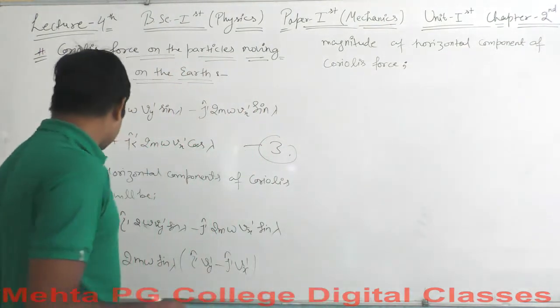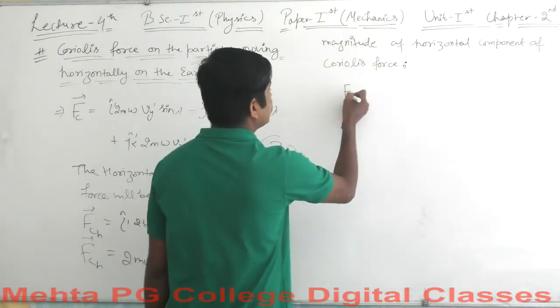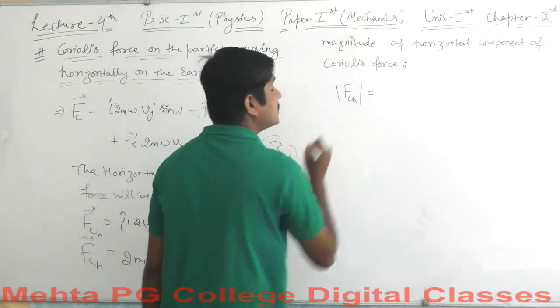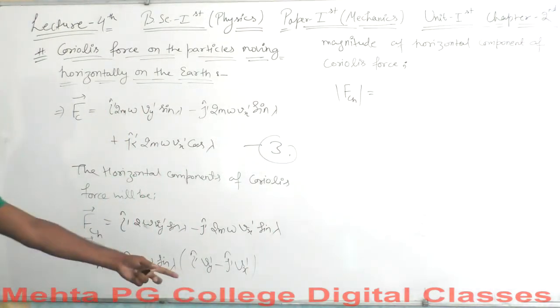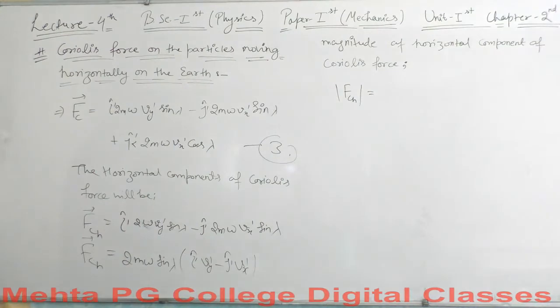So what should be the magnitude here? This is the FCH, and for the magnitude value we will just square these quantities and add them together, and then we will have our result here.